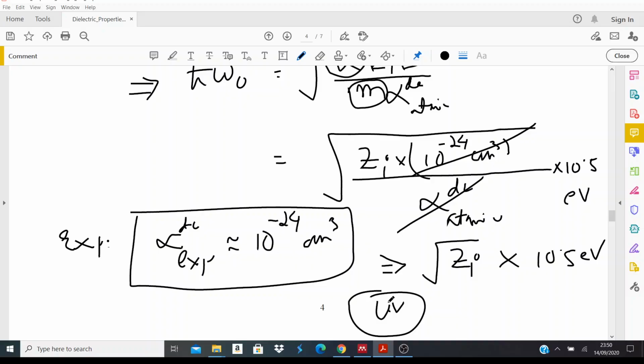But if you apply a very low frequency, not a problem, because the electron can still follow that low frequency vibration. But if you go beyond the natural frequency of the electronic shell, which is the ω₀, if you are far above the ω₀, then the electronic shell will not be able to respond. If the frequency is too high, then the atomic polarization or the electronic polarization will not contribute to the total polarization of the material.